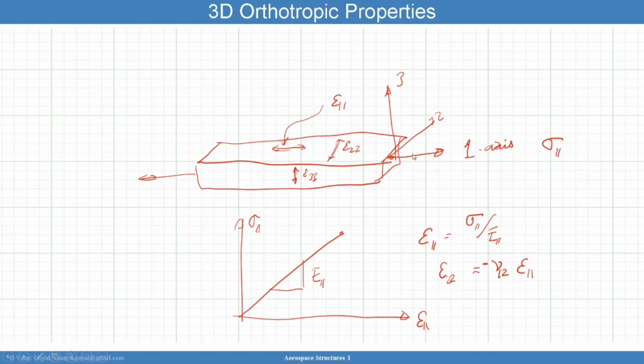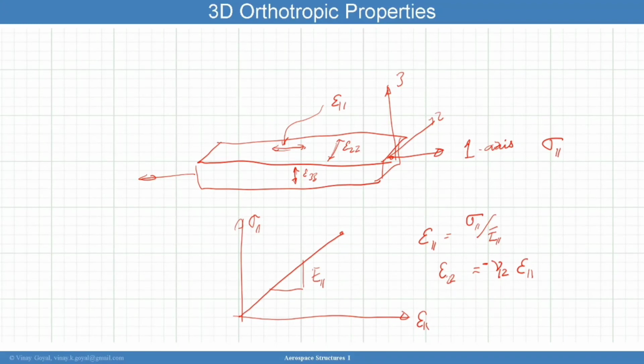So when I apply a load sigma 1,1, I can measure the strain epsilon 1,1, and I'll find the modulus of the material. So you will know E11 for sure. Since I measured epsilon 1,1 in the test, I can also measure epsilon 2,2. So I can then take the ratio of epsilon 2,2 divided by epsilon 1,1, and I can get the Poisson ratio nu 1,2. Now, you're used to seeing nu by itself with no nu 1,2, but it's important to realize the Poisson ratio can vary depending upon what direction you're applying a load if it's a composite material.